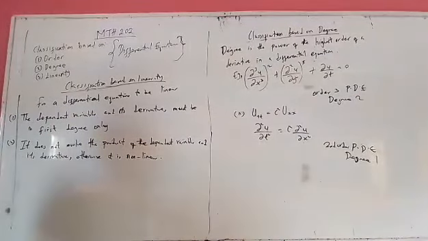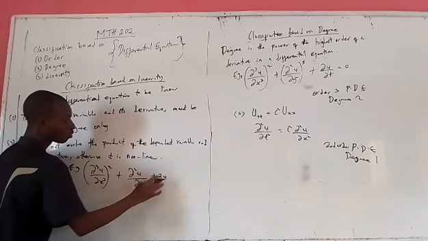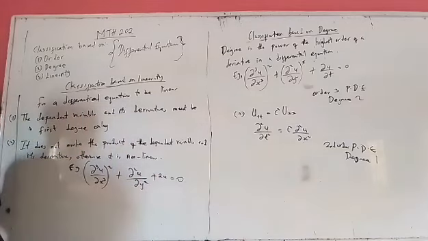Now, for example, if you have the cube u, the s cube, all raised to power 2, plus the square u all over the y square, plus 2u is equal to 0.